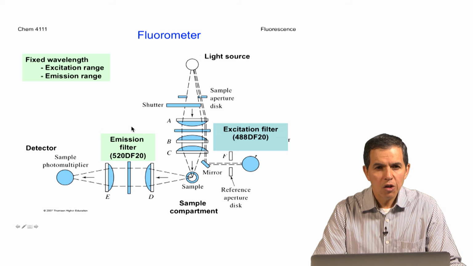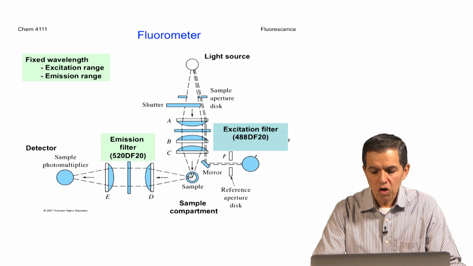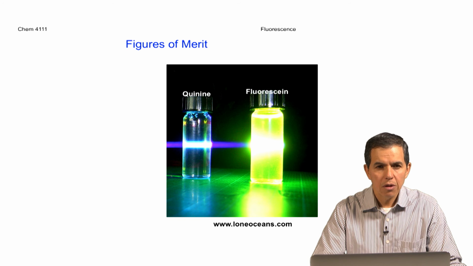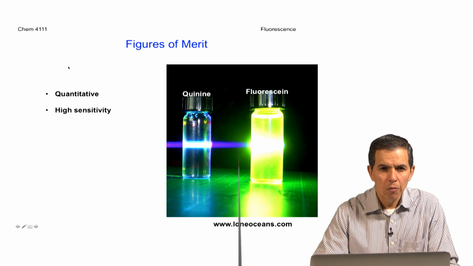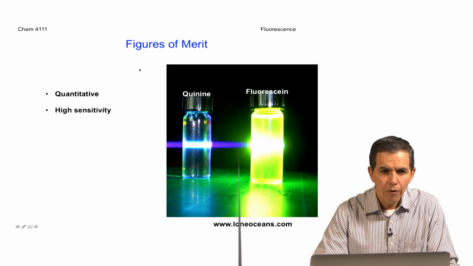Regardless of whether we are using a spectrofluorometer or a fluorometer, we can use both instruments for analytical purposes. To appreciate the quantitative power of fluorescence spectroscopy, we need to look at the figures of merit. Fluorescence spectroscopy is highly quantitative.